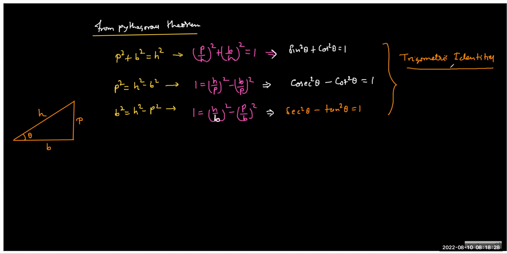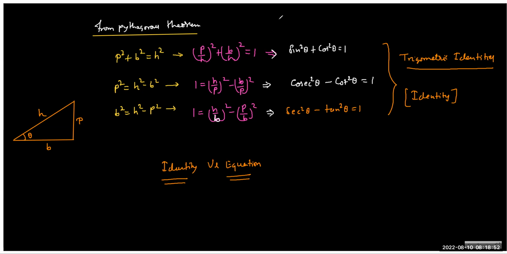So what is the identities? In maths, what is identity? Identity versus equation. So what is the basic difference between these two terminologies?